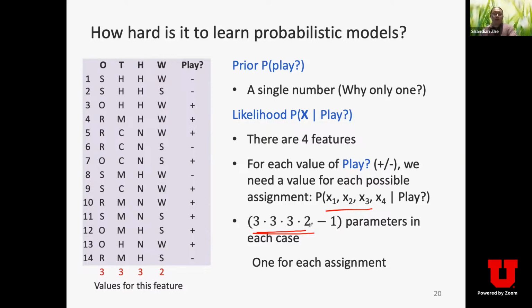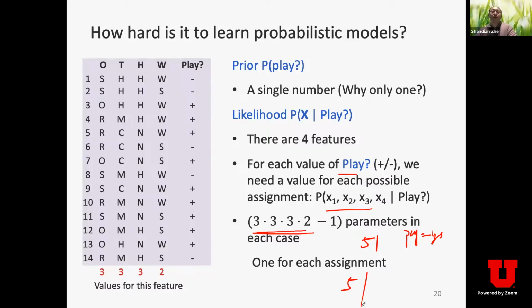So you can see that 3 by 3 by 3 by 2 is 54, right? 54 minus 1 is 51 parameters. Plus these 2 parameters. This is just for play equals yes, conditioned on one possible value of play. And you need to condition on another possible value of play, which is no. So you need to determine another 51 parameters.